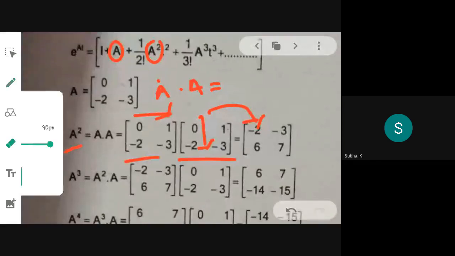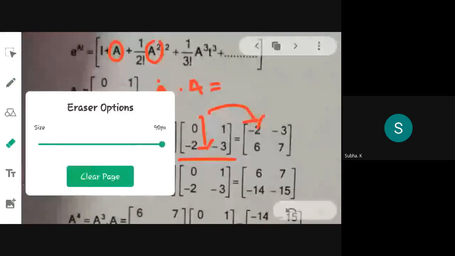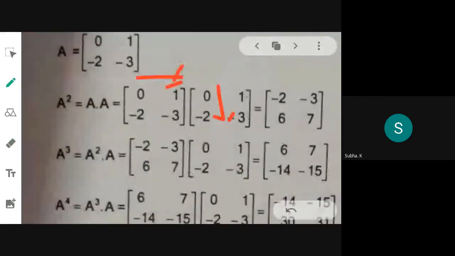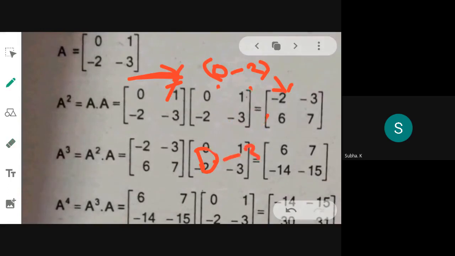If you do that multiplication, one sample I will do. This one and this one you are going to multiply. So 0 into 0 is 0, and minus 2, you will sum it. The answer is minus 2, which you have written here. Then again you will multiply this combination and sum it: 0 and then minus, or plus, minus 3.